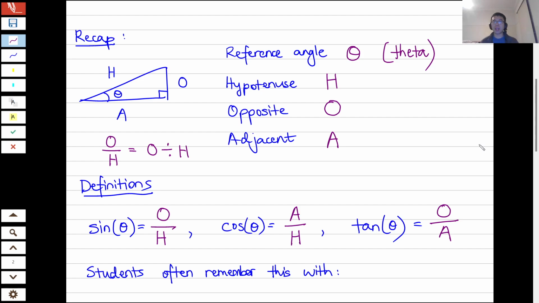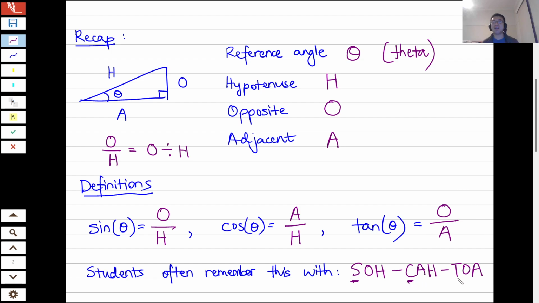If you're going to go on and use trigonometry, whether this be in advanced mathematics, construction, or electrical work, you will want to have these memorized. You don't want to be looking these things up. So a way that students remember this is with the saying SOHCAHTOA. So perhaps you can see where this is coming from. Sine is opposite over hypotenuse.